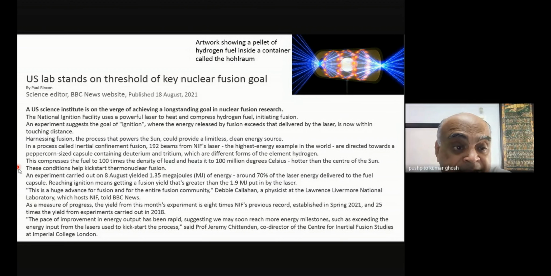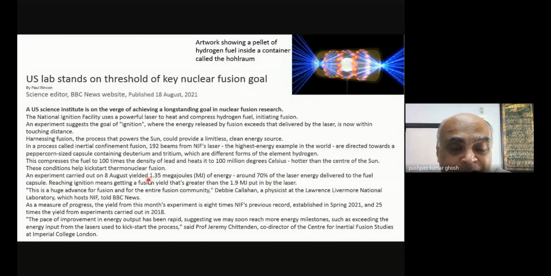Now, an experiment carried out on 8th August, and this is 18th August, so within 10 days they have reported it, yielded 1.35 megajoules of energy, around 70% of the laser energy delivered to the fuel capsule.